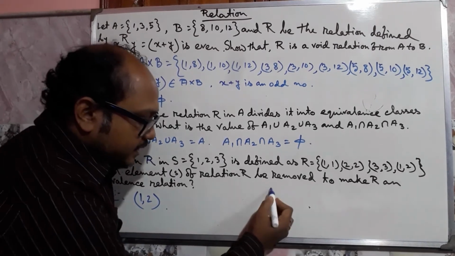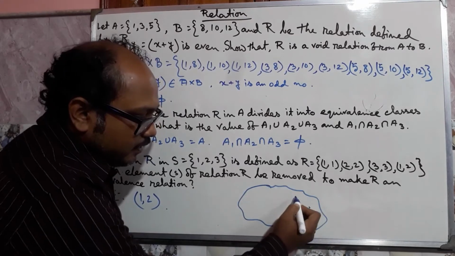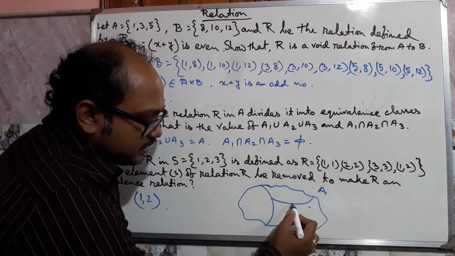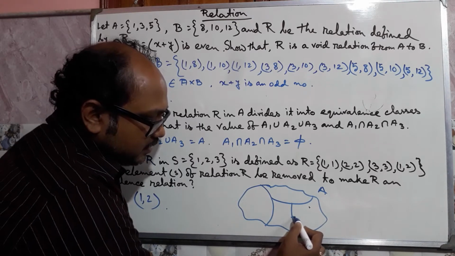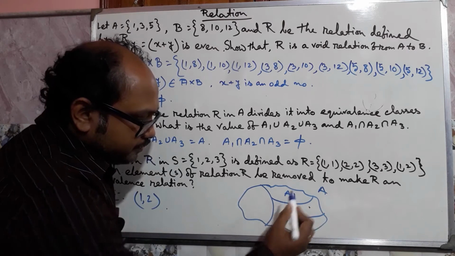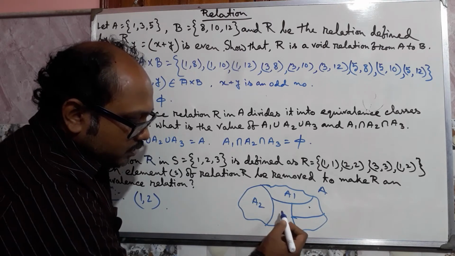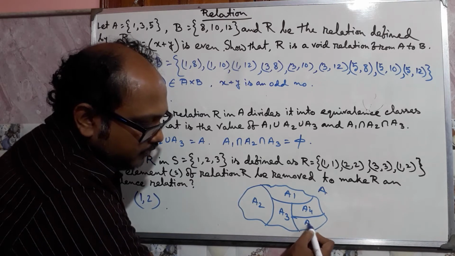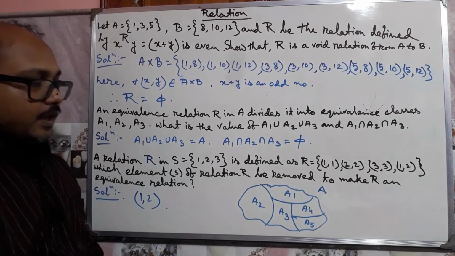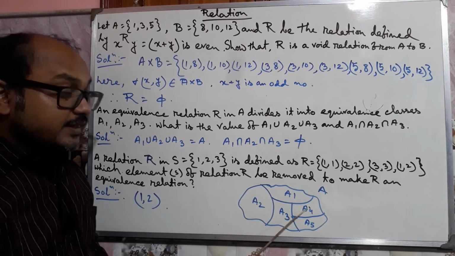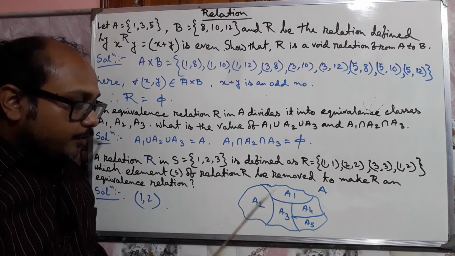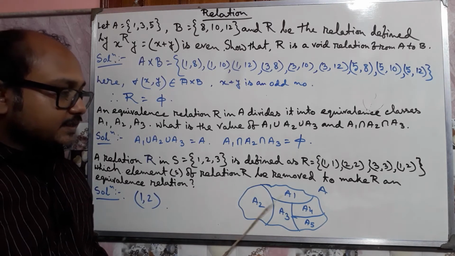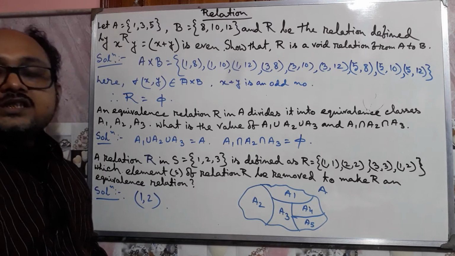Now you see, if this is the set A, then the partition or equivalence class means we are going to partition this set A. There are 5 partitions, you see, such that the union of all these partitions is equal to set A and the intersection of any two is phi.